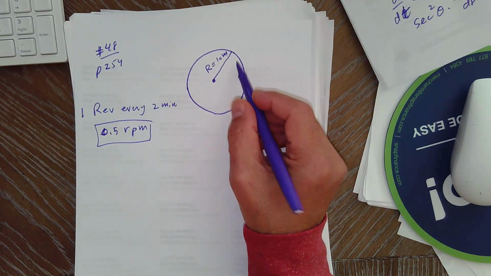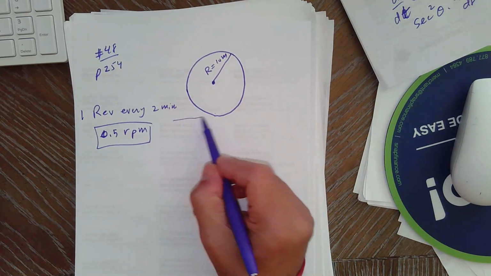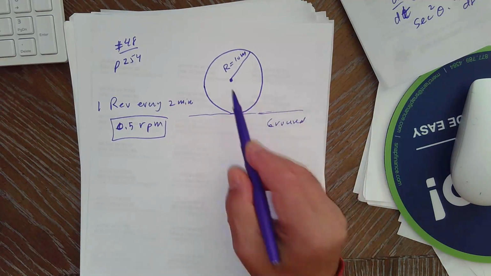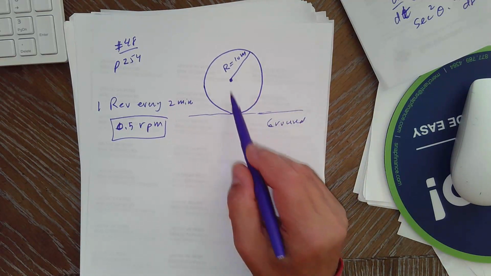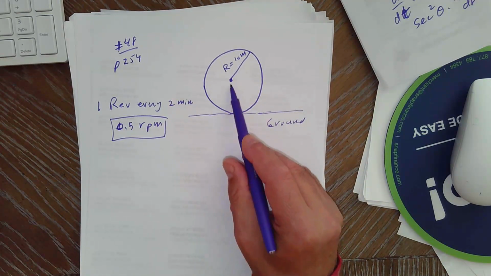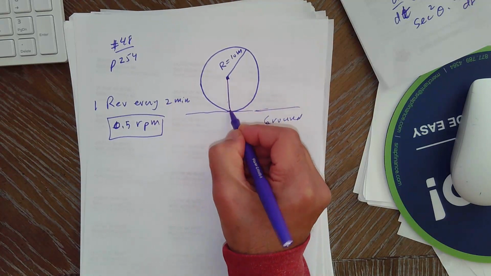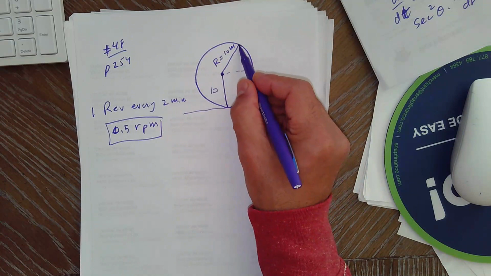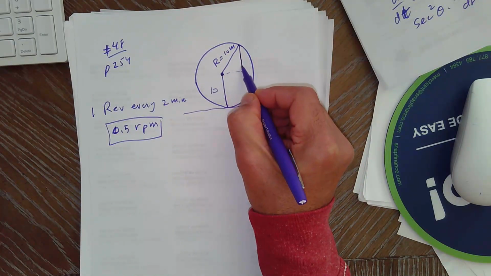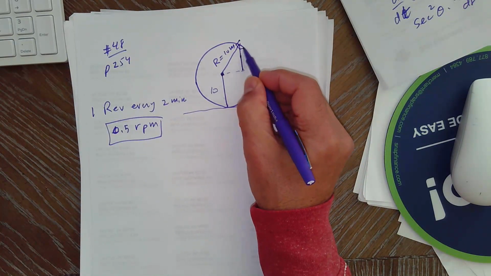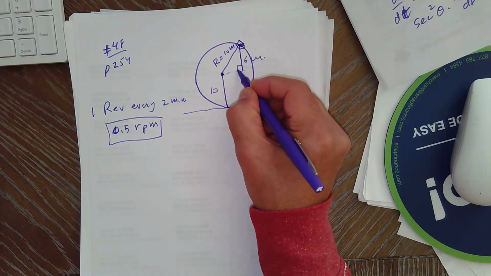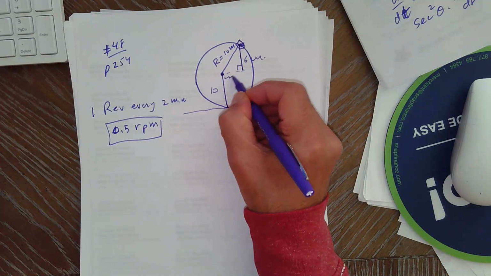So if this is ground, there's 10 meters, so to be 16 you need 6 more, right? This is 10. So if he's right here, that should be 6 meters, and this is x.